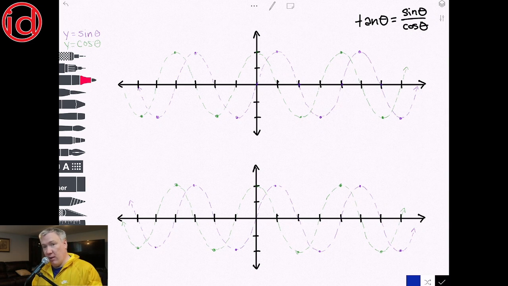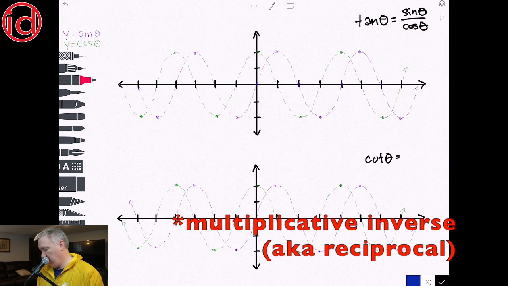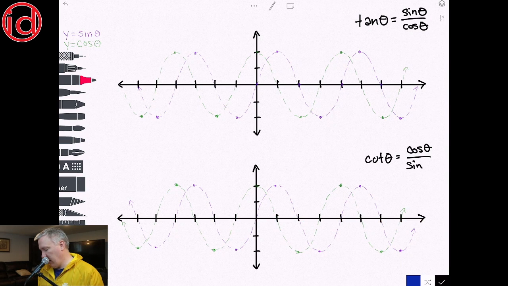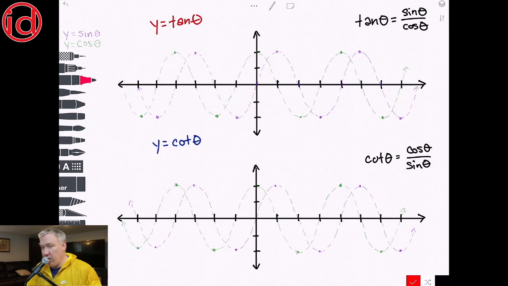So tangent of theta is sine divided by cosine, and since cotangent is its inverse, that means it's cosine divided by sine. And so this is why I have graphed both of them, because I need to do a division between both of them. First of all, tangent is sine over cosine.